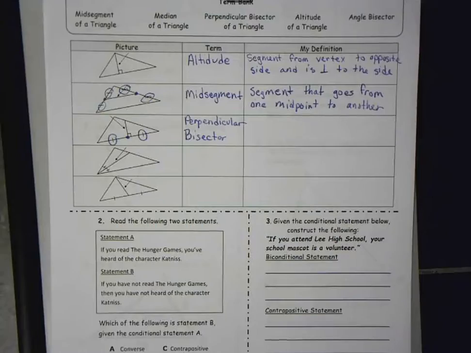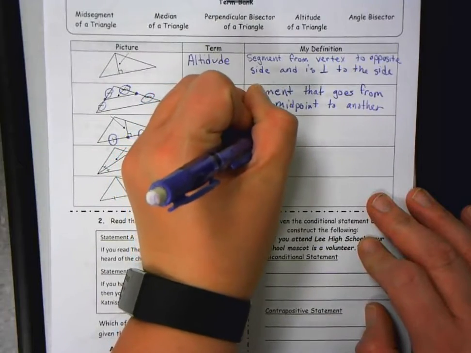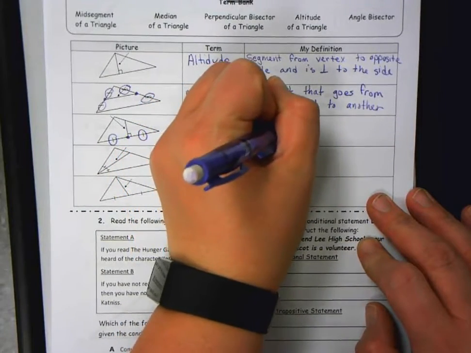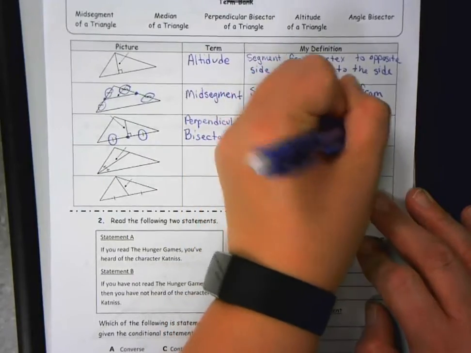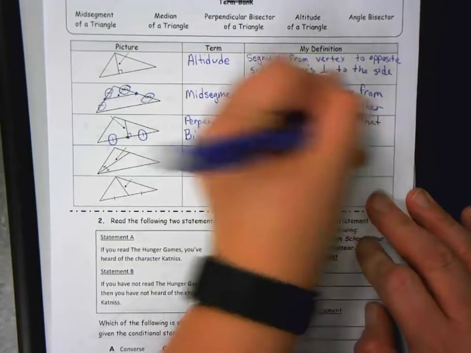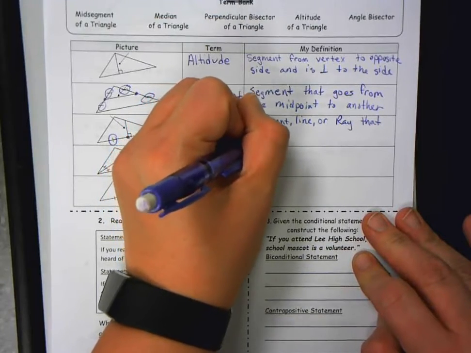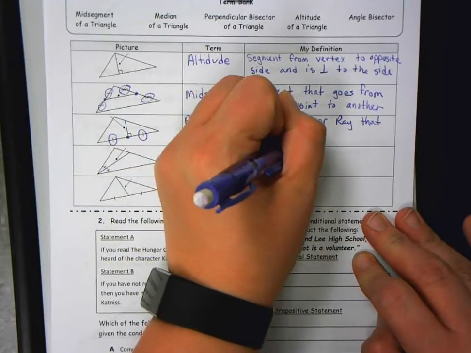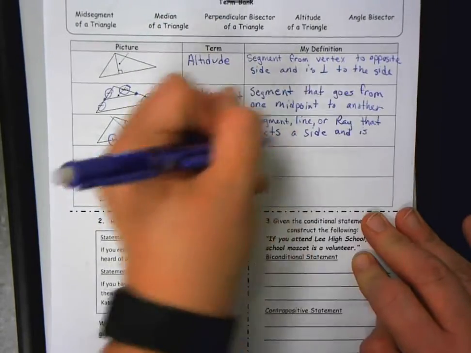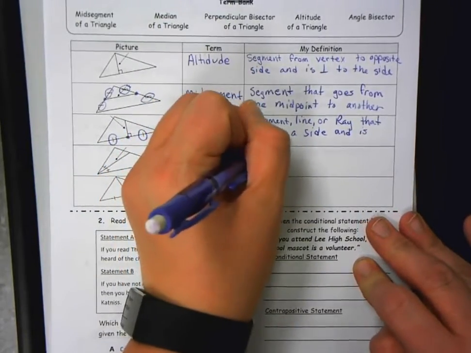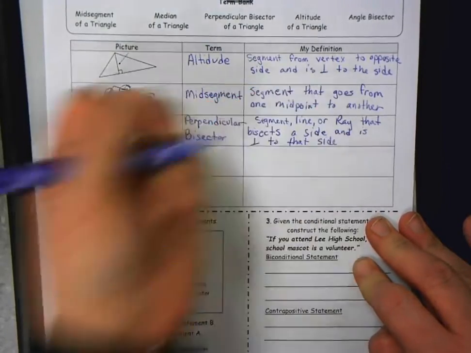A perpendicular bisector is just a segment, line, or ray that bisects a side and is perpendicular to that side. Easy enough.